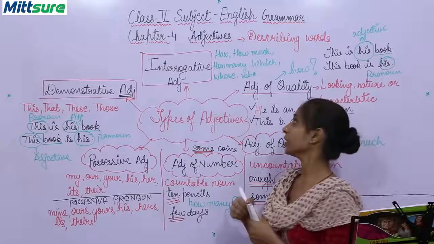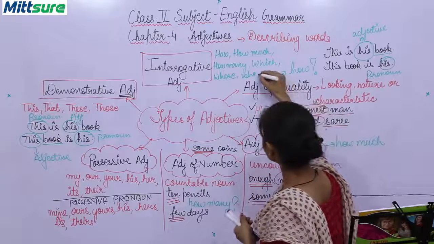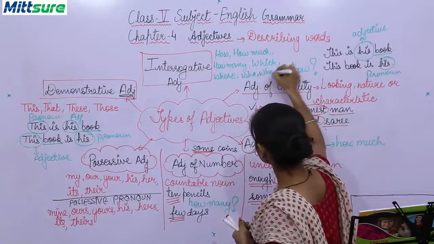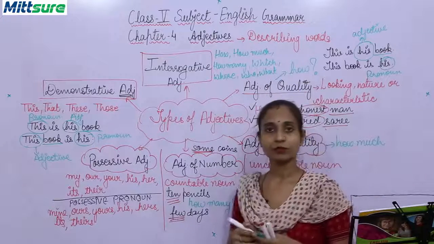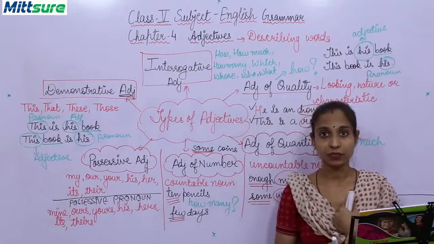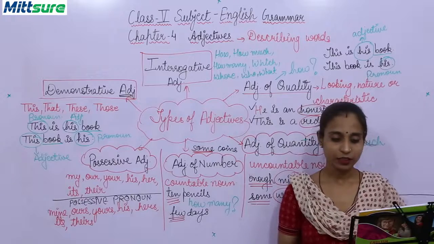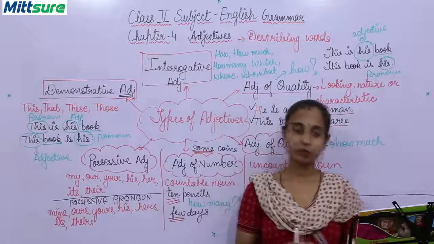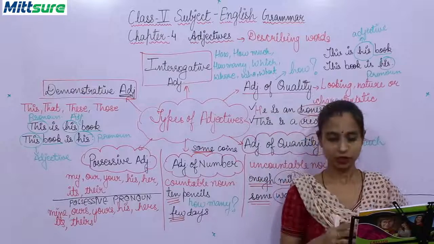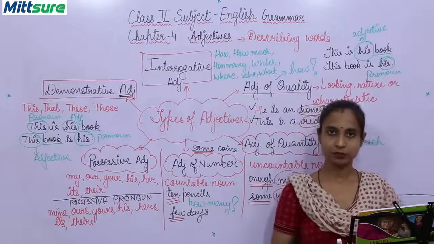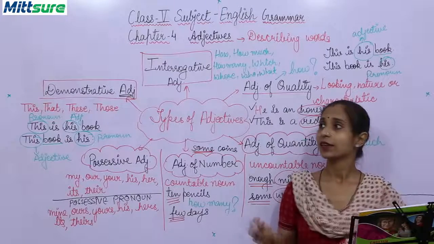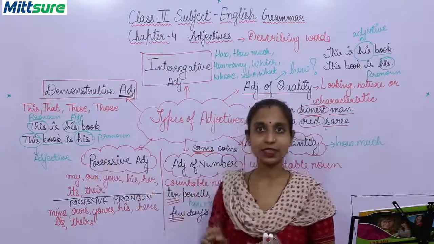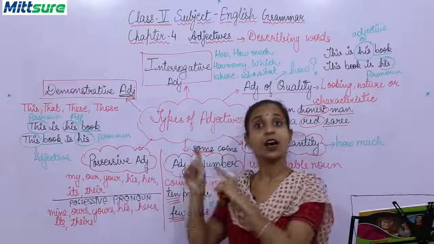What can also be an interrogative adjective? What time is it? Right? Whose bag is this? It is written in your book. What time is it? Whose bag is this? This is his bag. This is her bag.